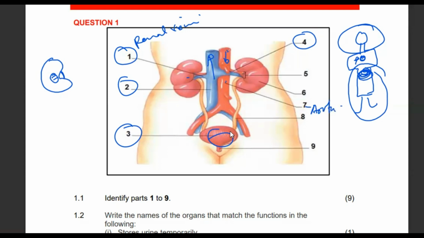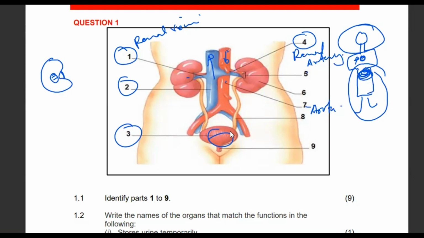But the branch of the aorta to the kidney is number 4, which is the renal artery, because it is bringing blood from the heart. And then number 7 is the aorta.